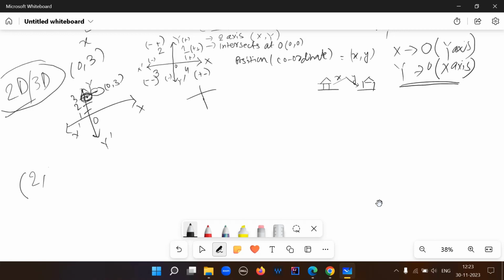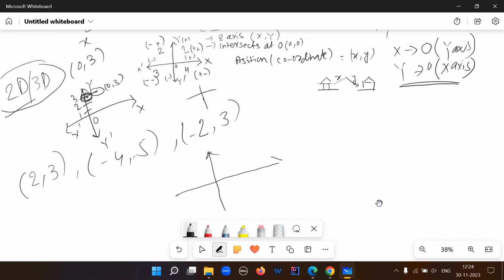Suppose you are given the point (2, 3), the point (-4, -5) and the point (-2, 3). These 3 points you have to put on your graph paper, or you will clear the concept. Then how will we draw? See, it is the coordinates, right?